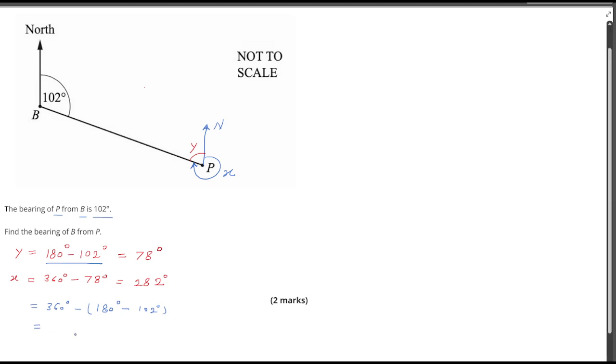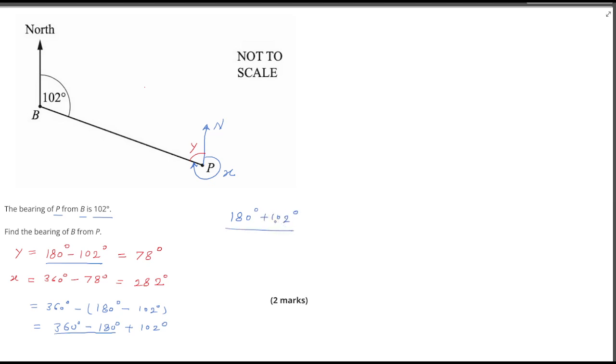If you open the bracket, it is 360 degrees minus 180 degrees plus 102 degrees. So 360 minus 180 is 180, so 180 degrees plus 102 degrees.